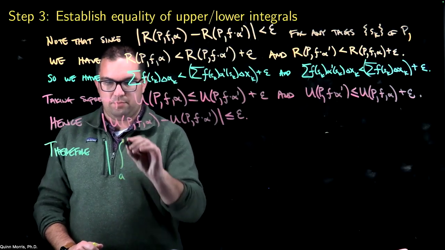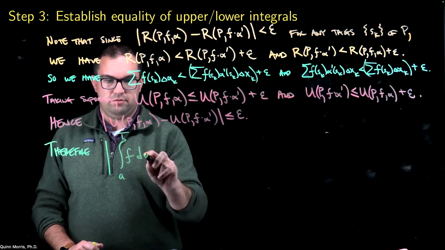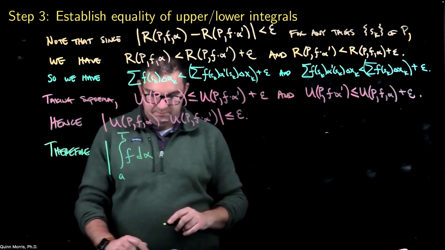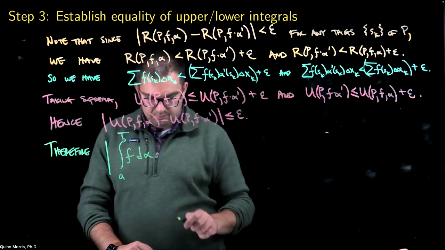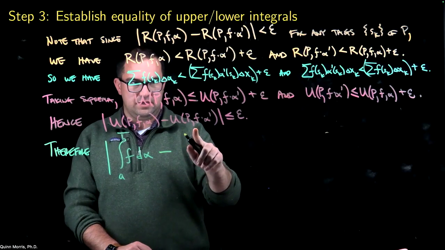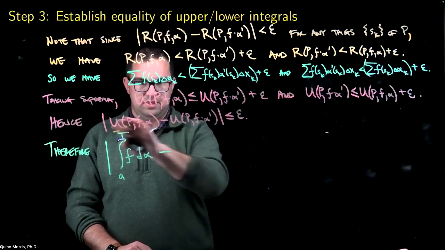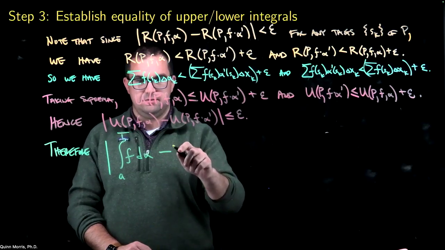I'm going to end up with an upper Riemann-Stieltjes integral of f d alpha minus here, as I take smaller and smaller values. So I sort of think about taking infimums. I'm thinking about taking an infimum of these things.